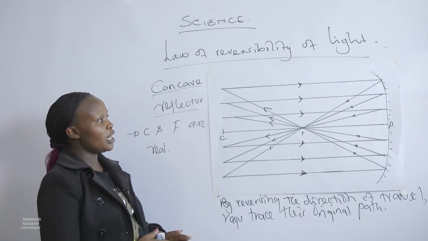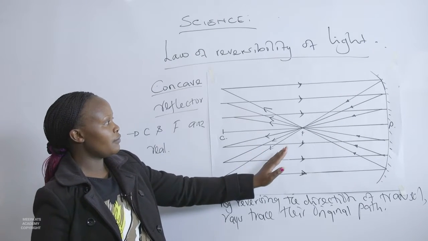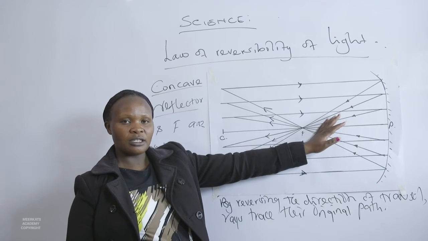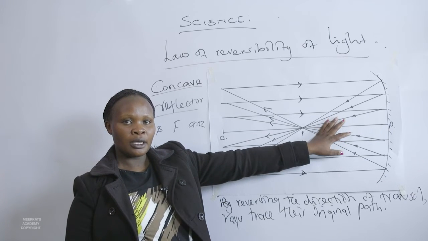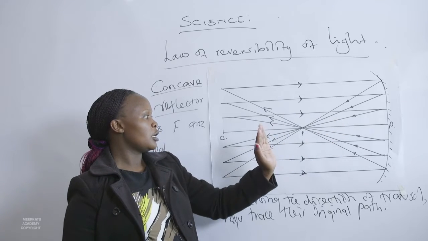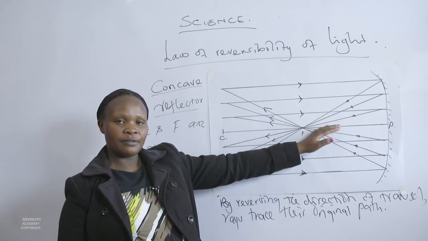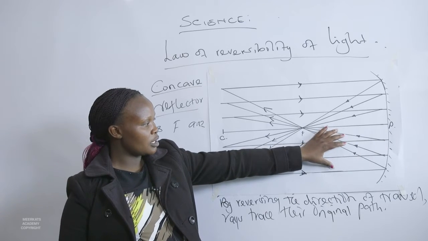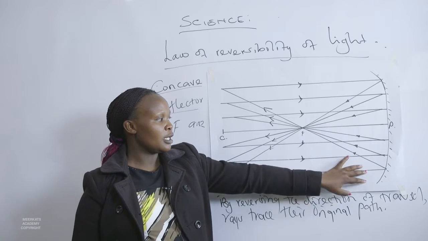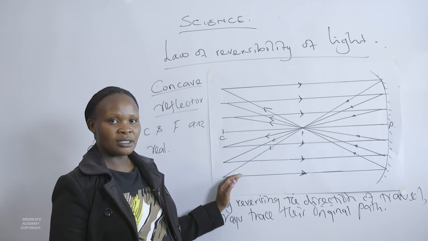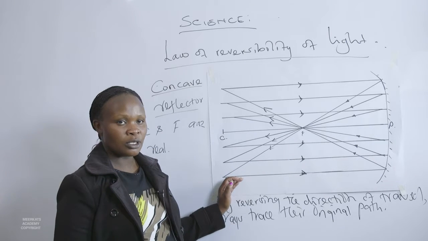Initially we had a beam through F. Remember that this one is a converging surface. We had a beam through F, and then it was reflected in such a way that it traced paths which are parallel to the principal axis.